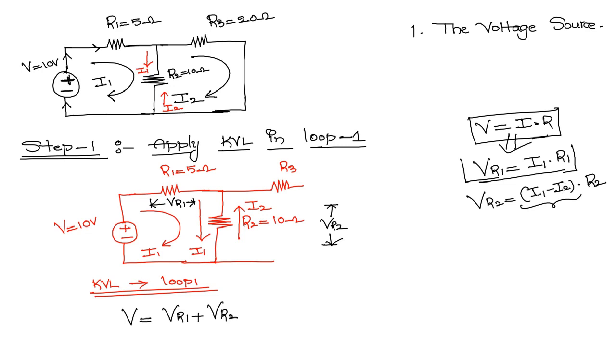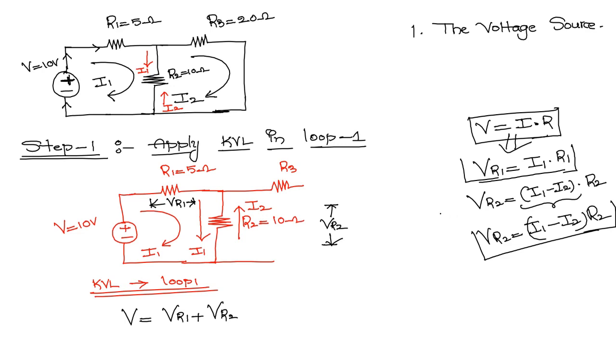So depending upon the current direction, we write it like this. Clear? I1 positive potential, I2 negative potential, into the value of R2. So VR2 is equal to I1 minus I2 into R2. This is the voltage across resistance 2.